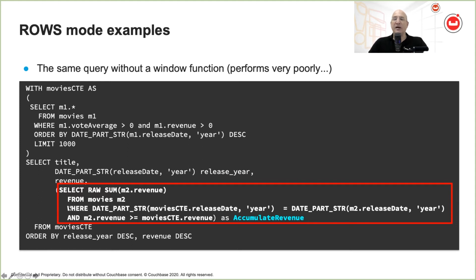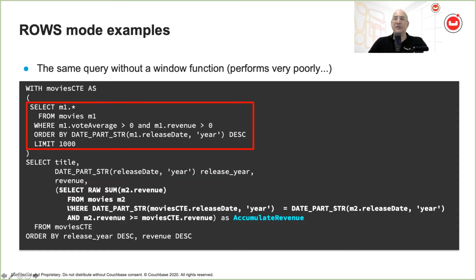So suppose you have 40,000 movies. That means that you'll run the inner query 40,000 times. And that will take a long time, right? To demonstrate that, I'm using a common table expression that limits the number of documents to 1,000. Otherwise, this query will run like forever.